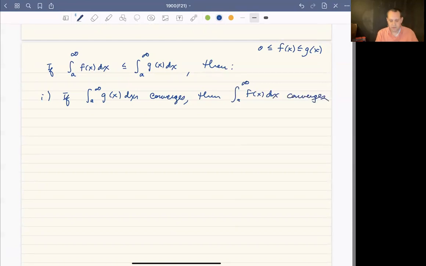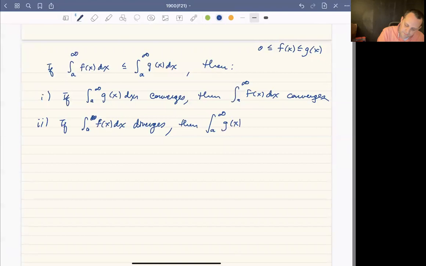Then that integral converges. On the other hand, if this integral is greater than the other integral, and if the integral of f diverges to infinity, well, if it diverges, then the integral of g diverges.